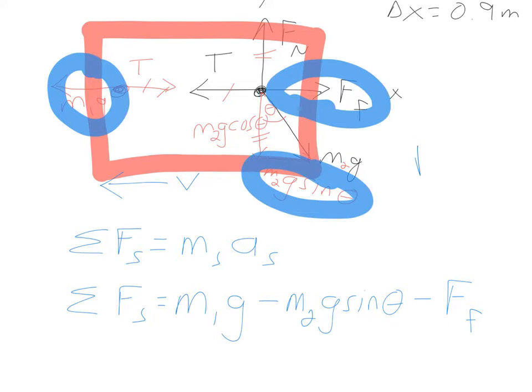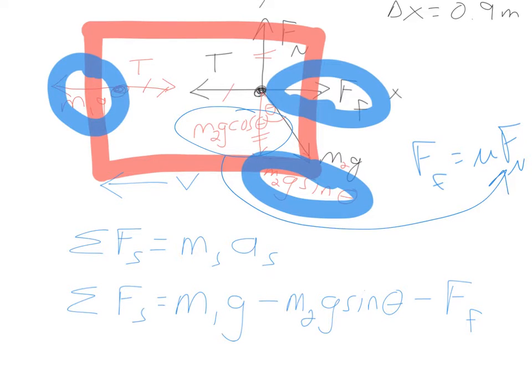The definition of friction is mu times the normal force. So we can replace this variable by mu and the normal force. And the normal force is the same as the y component of weight.